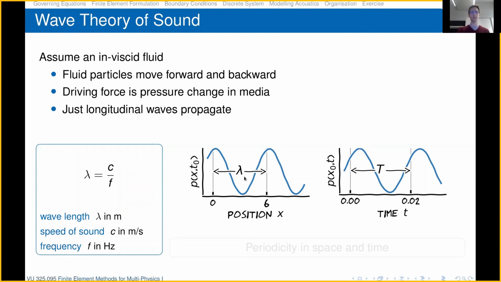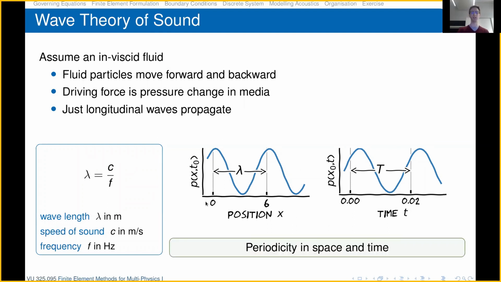In acoustic waves, or in waves in general, we have a periodicity in space and time. If we look at the field solution over the space coordinate x, we see the wave solution with the wavelength lambda, and if we look at a distinct point in space and monitor it over time, we again have a wave-like or harmonic solution with the period being the time.